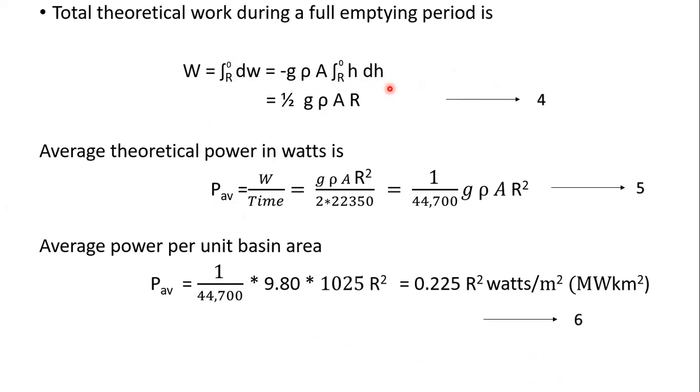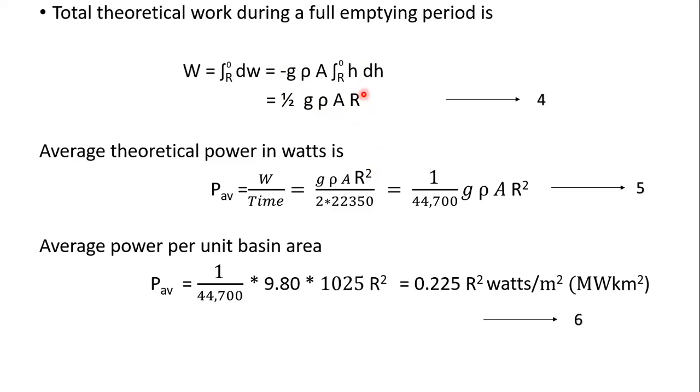Okay, so this will become h square by 2, evaluated between the limits, giving minus 1 by 2 R square. So minus minus gets cancelled, and the remaining is 1 by 2 g rho A R square.